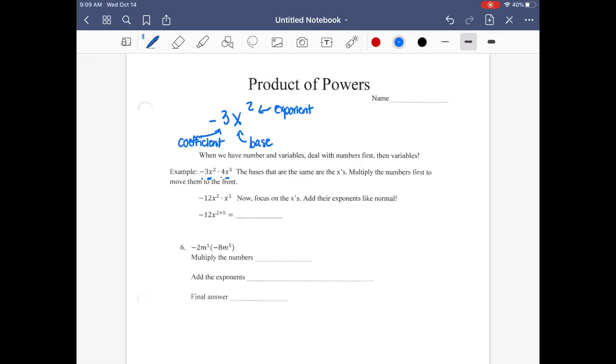We did negative 3 times 4, which gets us this negative 12 here. Then we focus on combining our bases, our x's. So we combined our x's into 1. That's how we got down here. And then all we have to do is add our exponents. So we should be getting negative 12x to the 7th as our final answer.